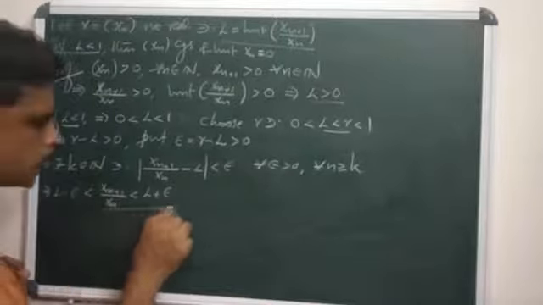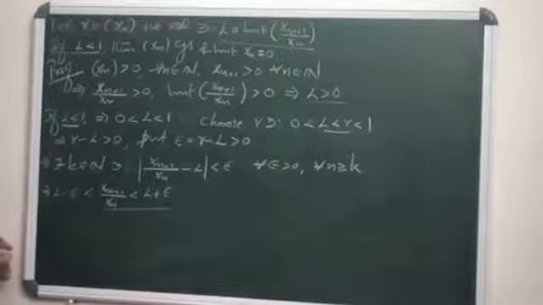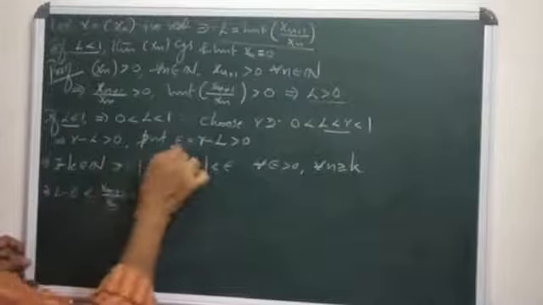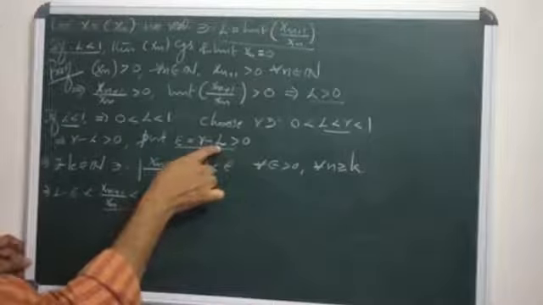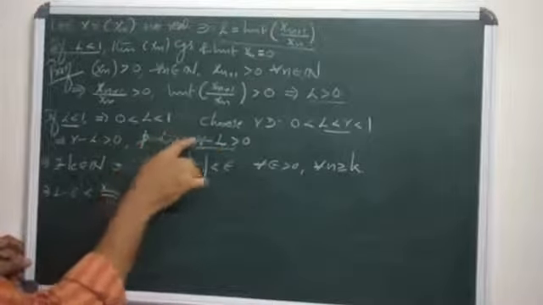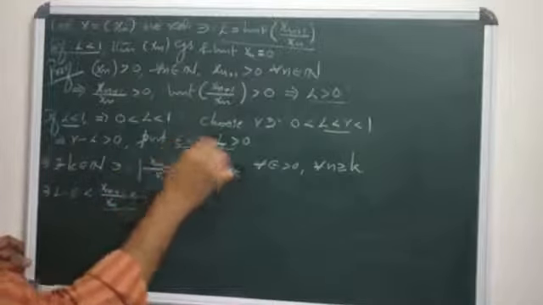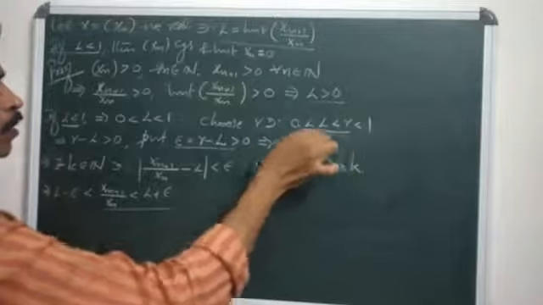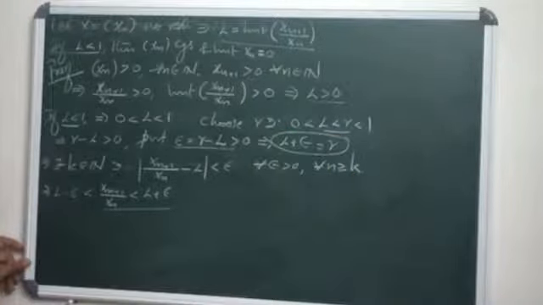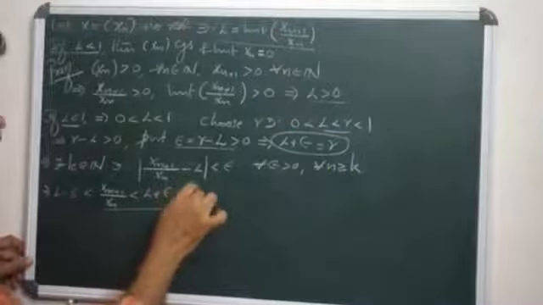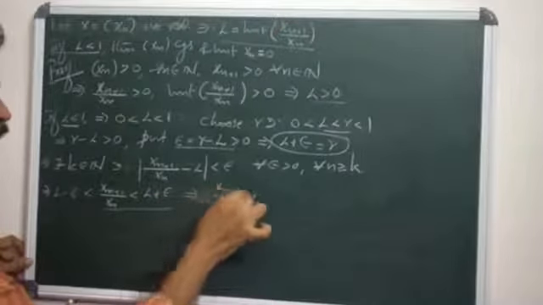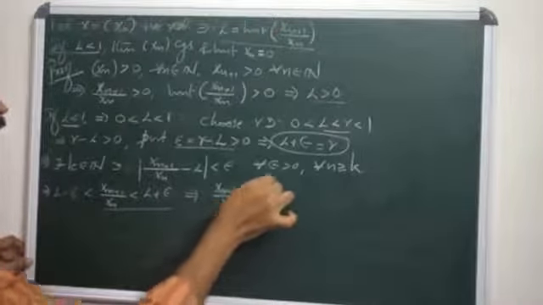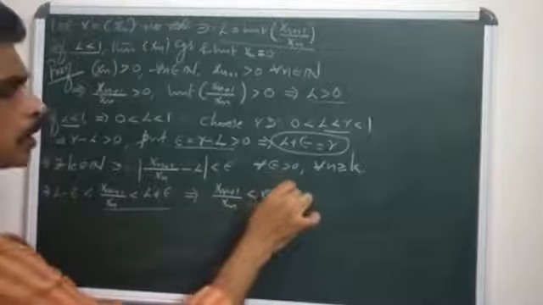Come to the right side inequality. Since epsilon equals r minus L, L plus epsilon is nothing but r. So we have xn plus 1 by xn strictly less than r for all n greater than or equal to k.